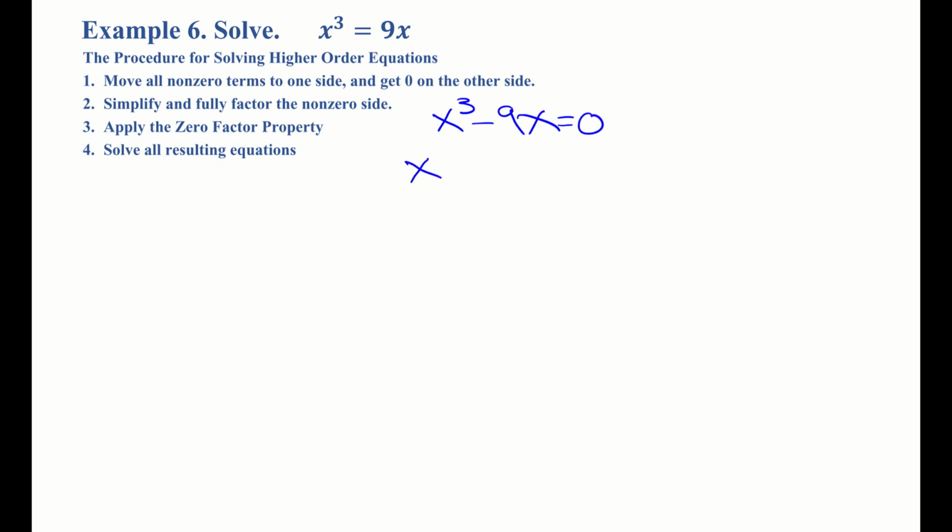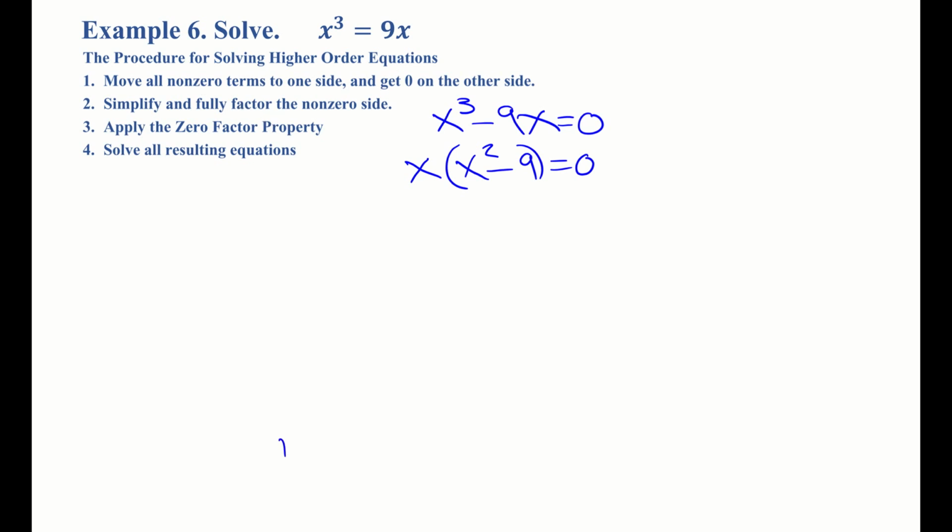Now we're going to factor the left side. Notice the GCF is x. So we're going to factor out the x. That leaves us x squared minus 9 equals 0. So now we notice that here we have a difference of squares, which we can factor again.